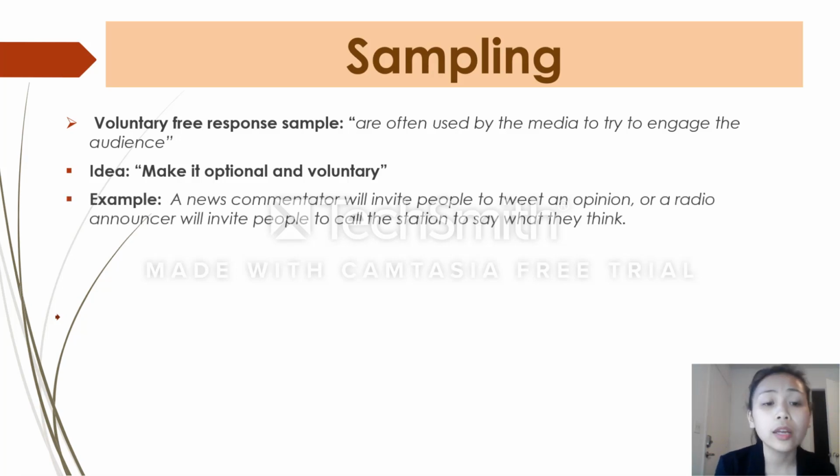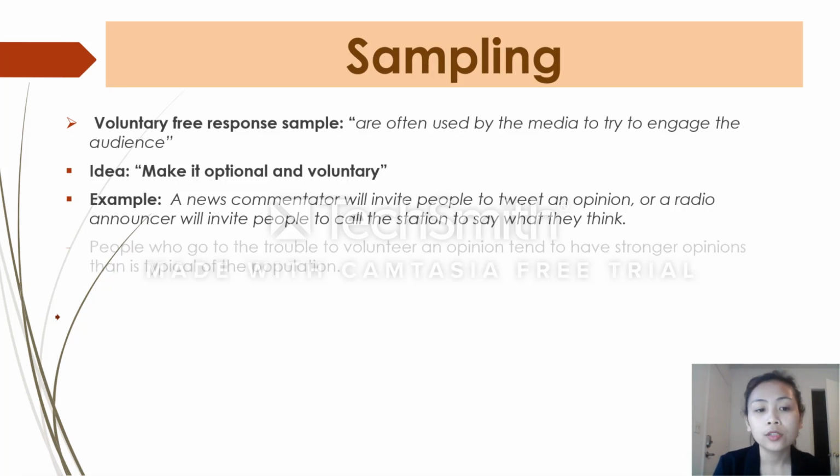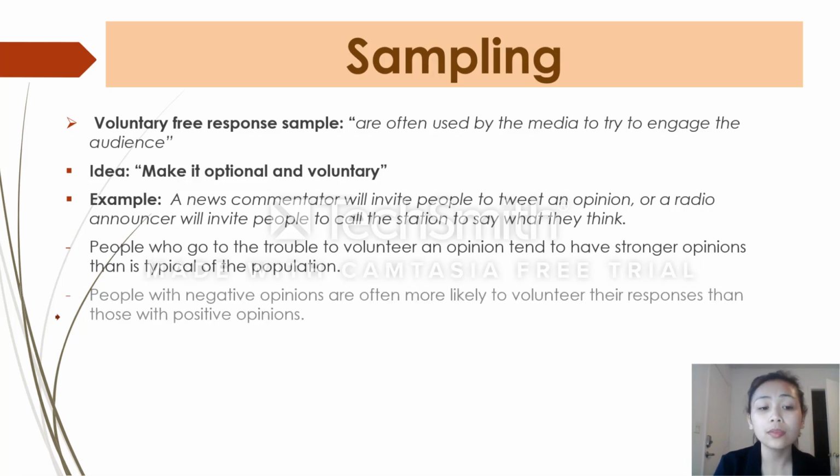Here's an example. A news commentator will invite people to tweet an opinion, or a radio announcer will invite people to call the station to say what they think. So in this case, people who go to the trouble to volunteer an opinion tend to have stronger opinions than is typical of the population. And people with negative opinions are often more likely to volunteer their responses than those with positive opinions.